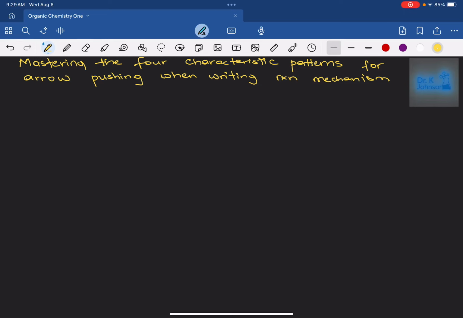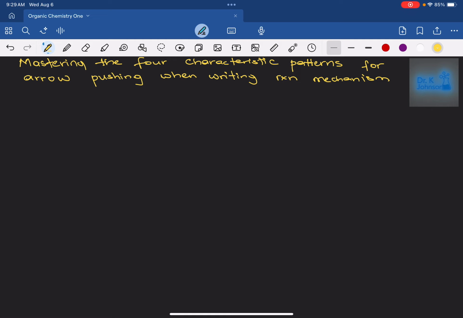Okay, let's talk about mastering the four characteristic patterns for arrow pushing when writing reaction mechanisms. There are really four characteristic patterns that you will use with any reaction you're writing.